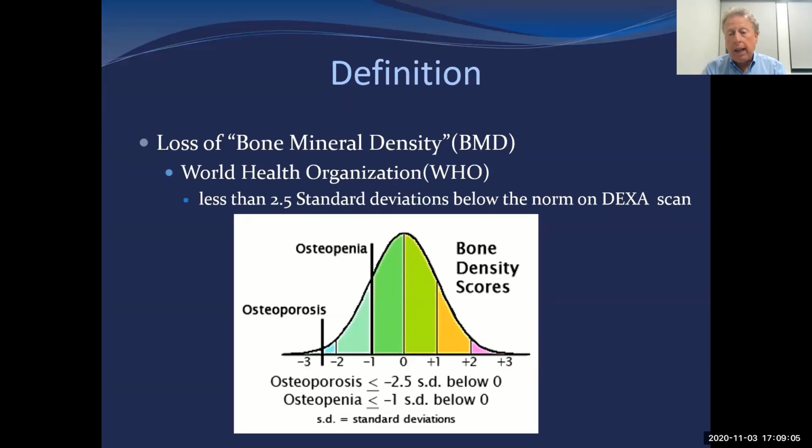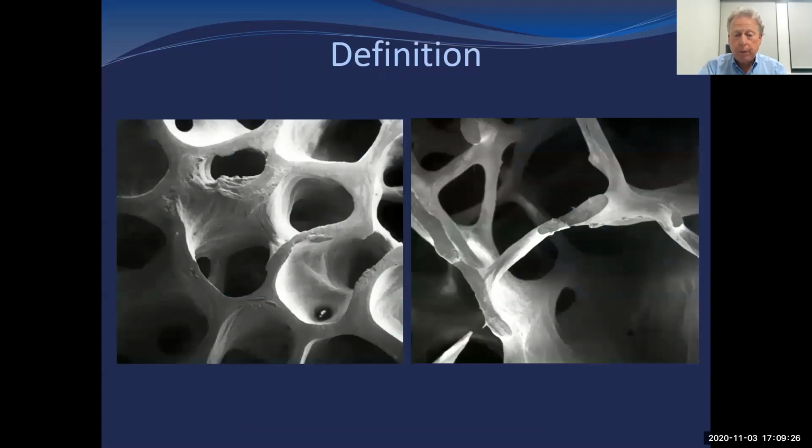So DEXA scanning is the gold standard. There have been other evaluations by X-ray, including heel X-rays and things like that, but those are not accepted evaluations. The DEXA scan is the only true accepted evaluation of bone density.